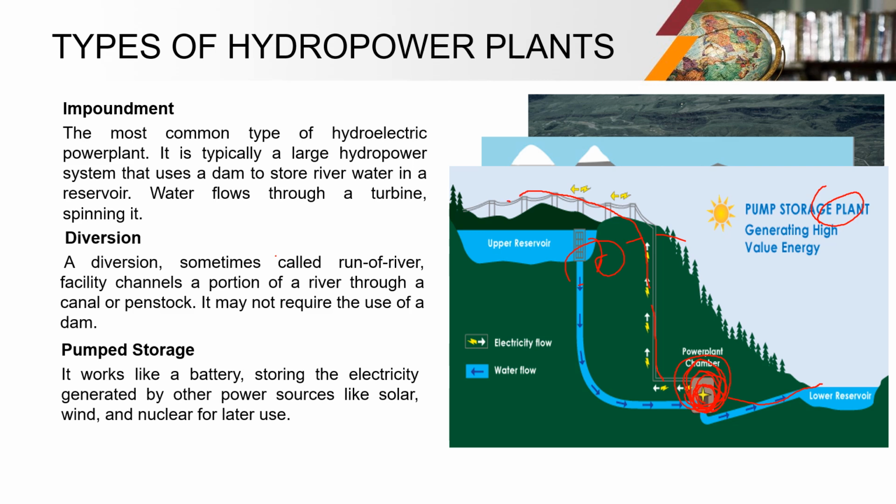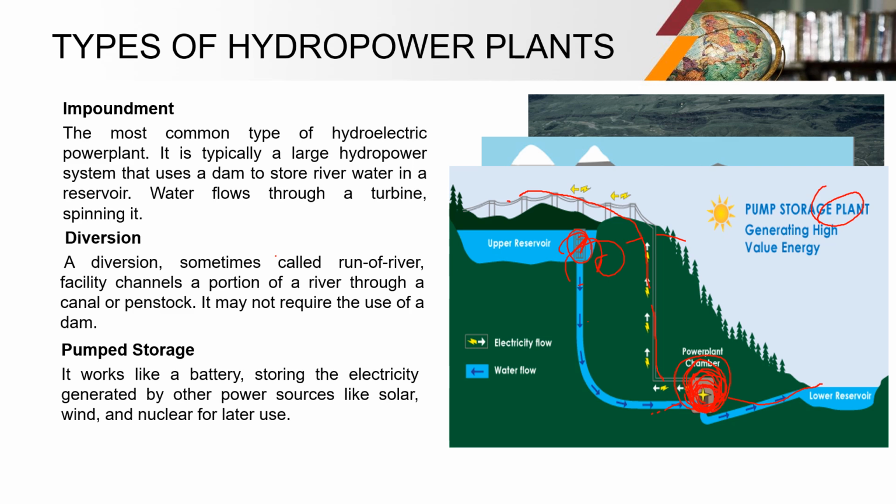So, kapag hindi masyadong mataas yung demand sa electricity, ito muna ay gagawin nating pump. Ang pump naman, okay, siya yung magpapataas ng water natin papunta sa upper reservoir. Okay? And kung kailangan na uli natin ng electricity, magpapababa uli tayo dito. So, ang gagawin natin, magiging turbine to. Okay?